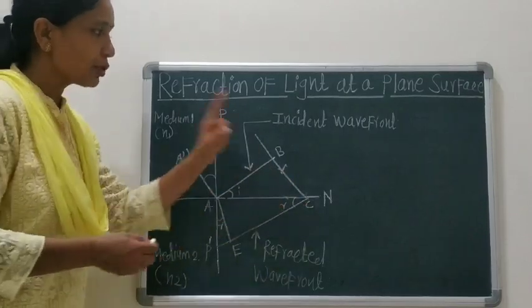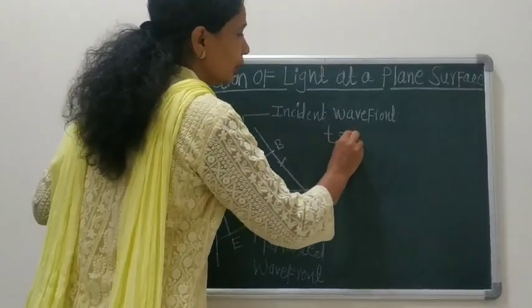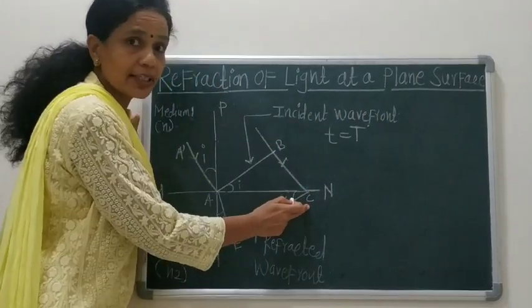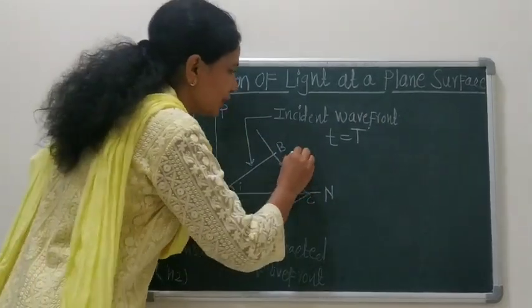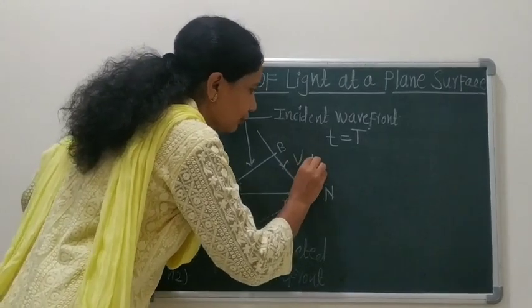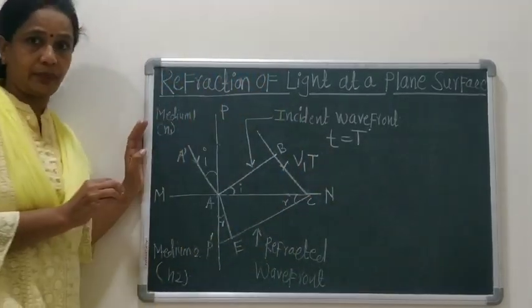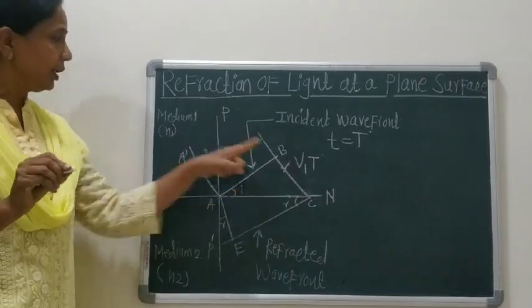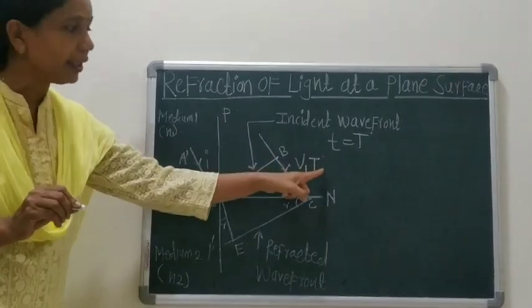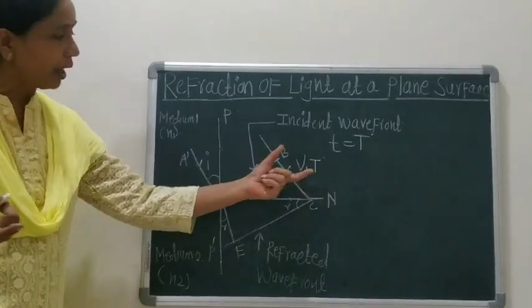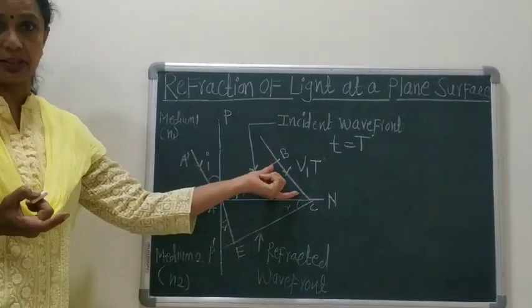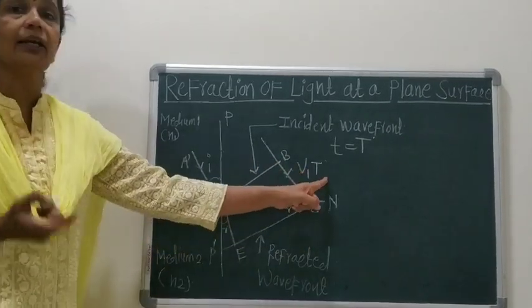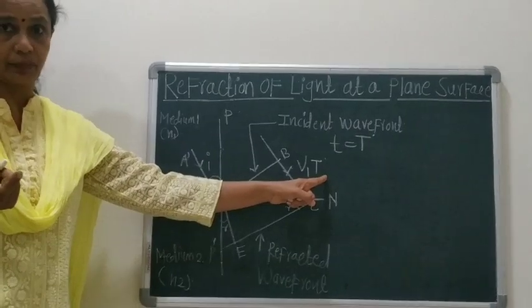Then at time small t equal to capital T, B reaches the point C, which covers the distance V1 into T, where V1 is the velocity of light in the first medium and T is the time required to cover this distance. Therefore, this distance BC is V1 into T.